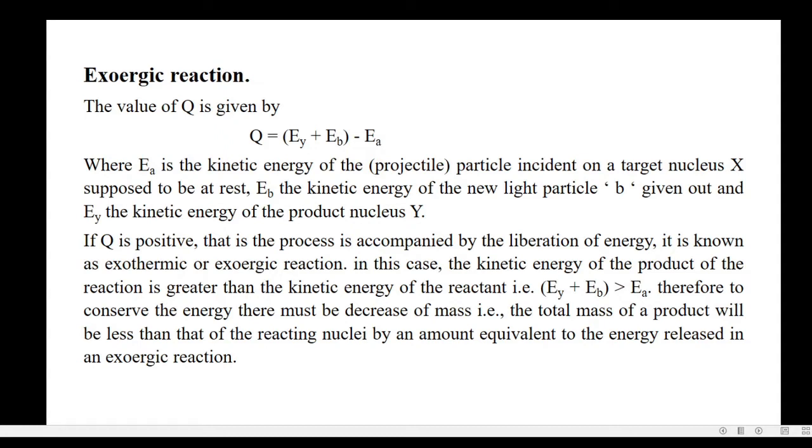We know that the Q value of nuclear reaction is defined as the total energy released or absorbed in the reaction. The Q value of nuclear reaction is given by Q is equal to EY plus EB minus EA.